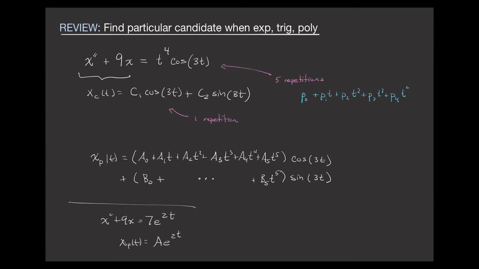We say A1, A0, A2, etc., because there are just more of them, but they're essentially all things like A that are undetermined coefficients. So you just have a bunch more of them. And we number them just because we don't want to use A, B, C, D, E, F. It's easier just to stick with A and number it. A sub 0, A sub 1, but they're all undetermined coefficients. Same with the b's.